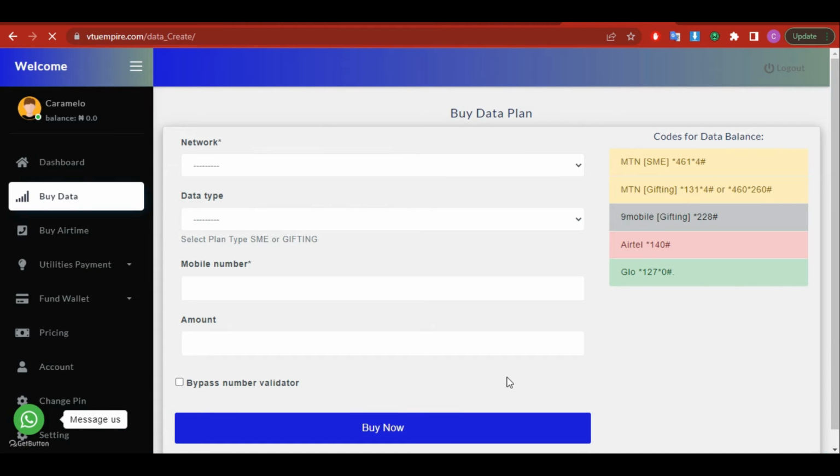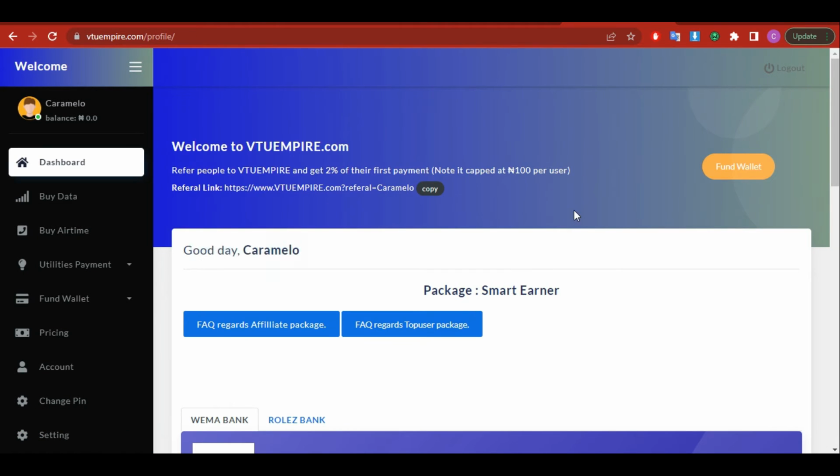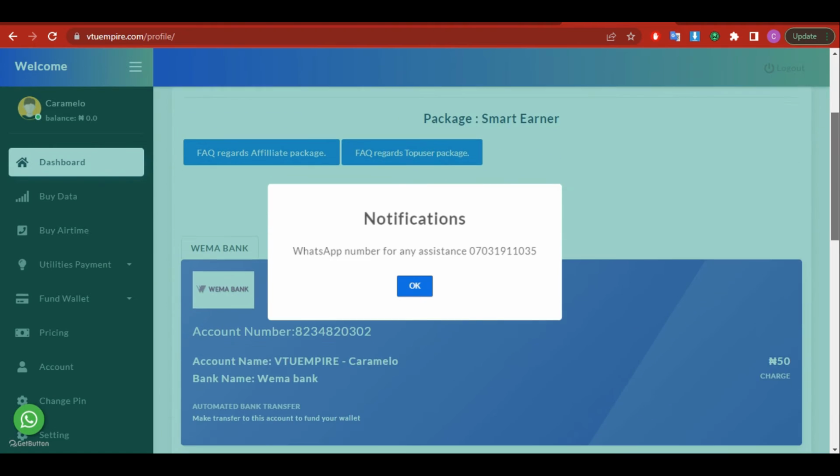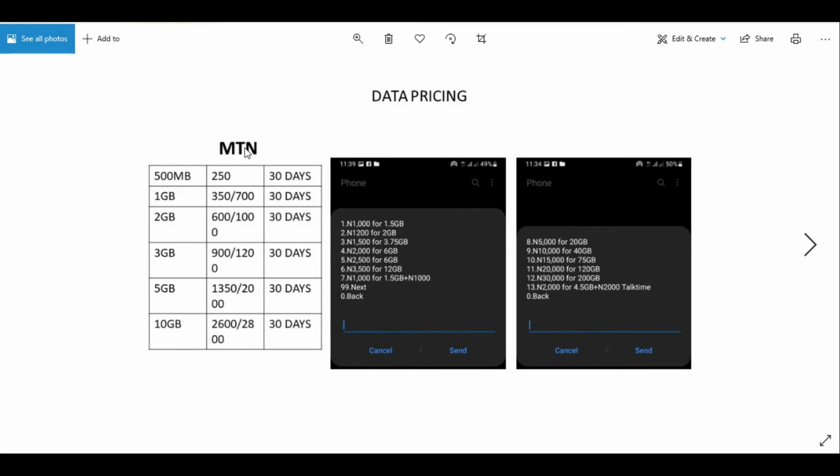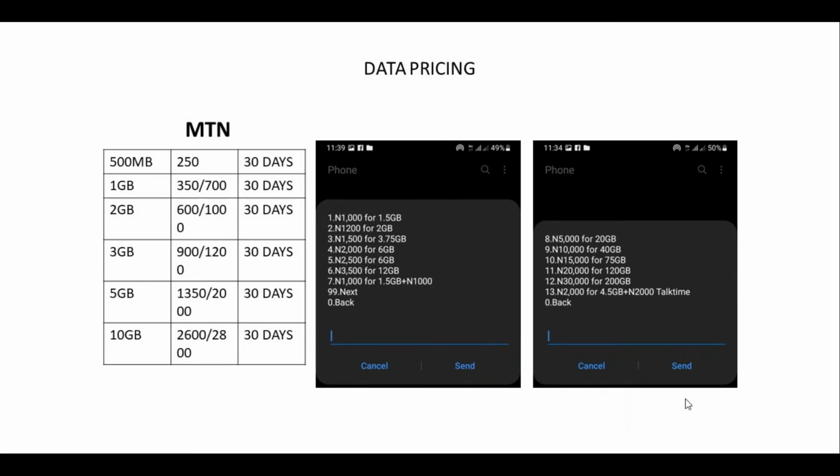So let us see how much one can earn in a day if you were to do this transaction. Now for the MTN data plan, you can see the pricing.